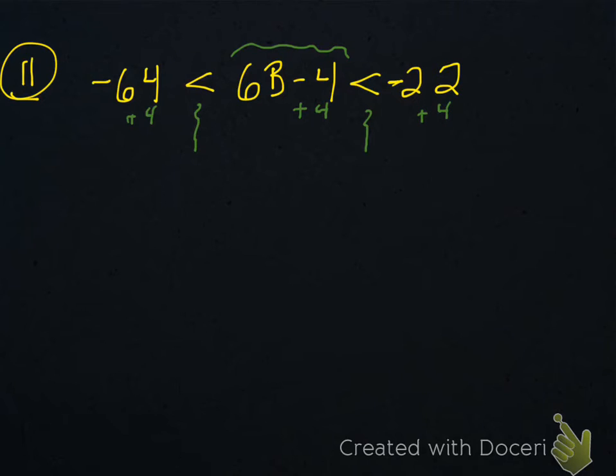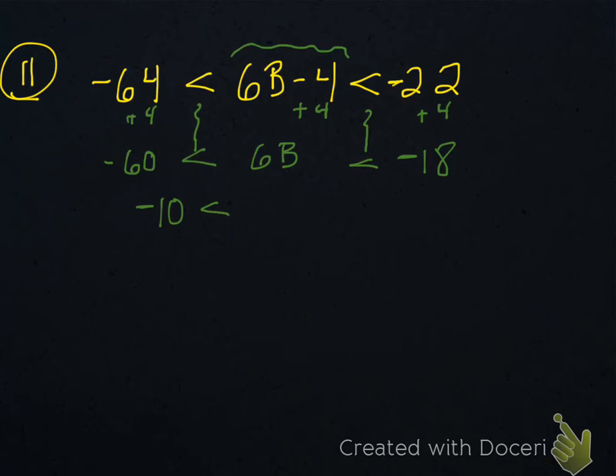We can handle it. So negative 64 plus 4 is negative 60. Drop down the inequality symbol. Just a 6b left in the middle. Drop down the inequality symbol. Negative 22 plus 4 is negative 18. Okay, now I got to divide all 3 pieces by 6. Well, that should be easy.